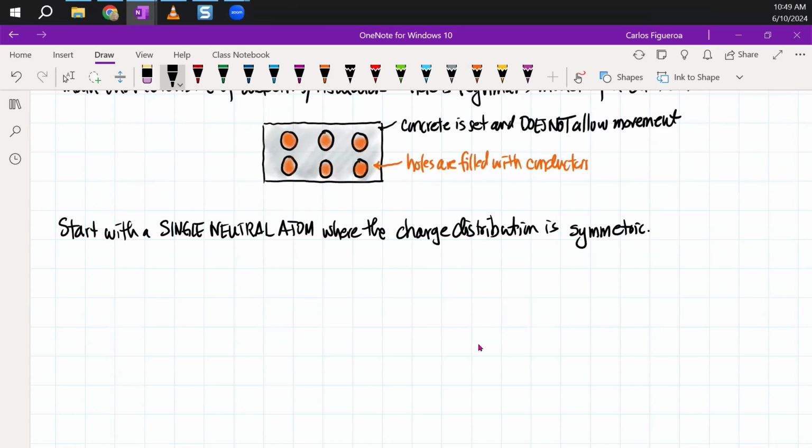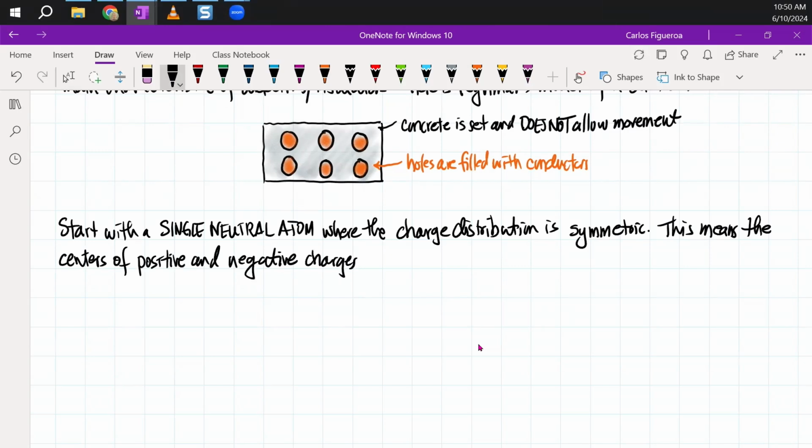So what do I mean by charge that is symmetric? This means the centers of positive and negative charges are located at the center of the atom.